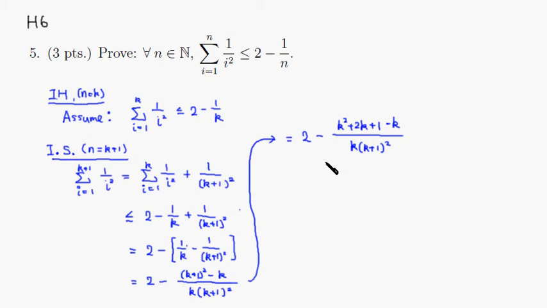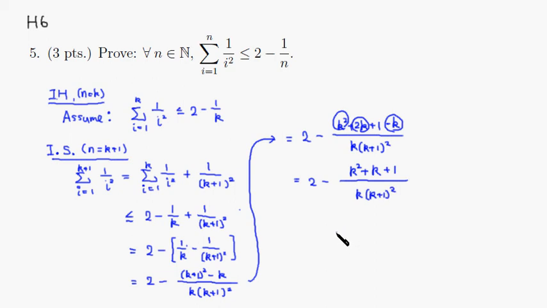If you simplify that, you get 2 minus k squared, and combining 2k and negative k you have positive k, plus 1, over k times quantity k plus 1 squared.